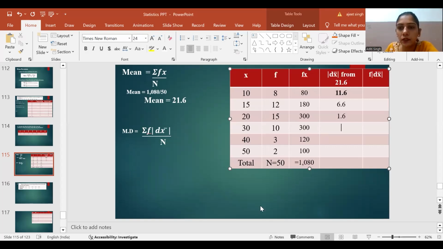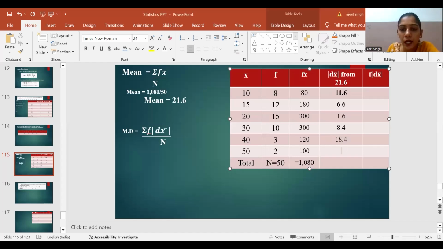Next is 21.6 minus 30, which is 8.4. Now 21.6 minus 40, which is 18.4.